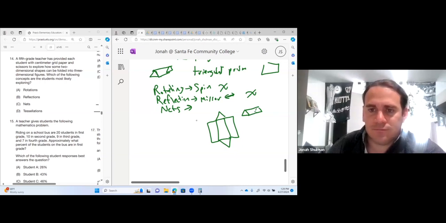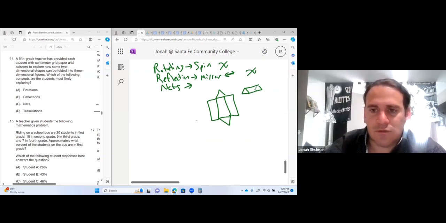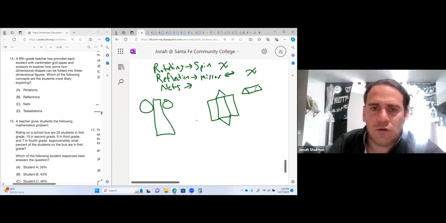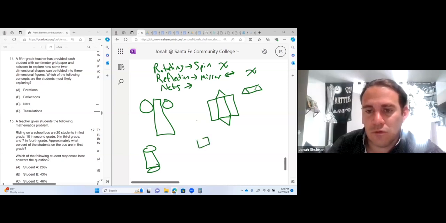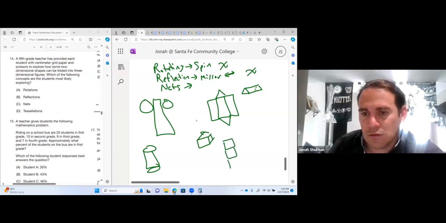Another net, if you want to do a cylinder, it's going to be two circles and a rectangle that creates the cylinder. You fold it all up. The cube, just so I show you all of them, is just 6 squares.